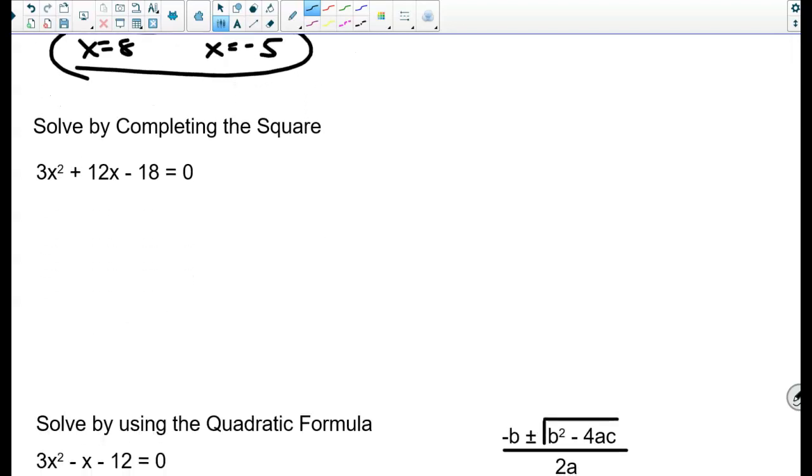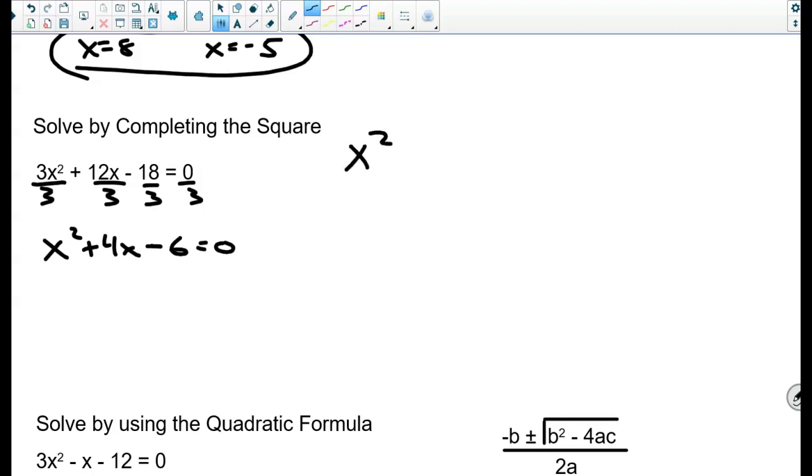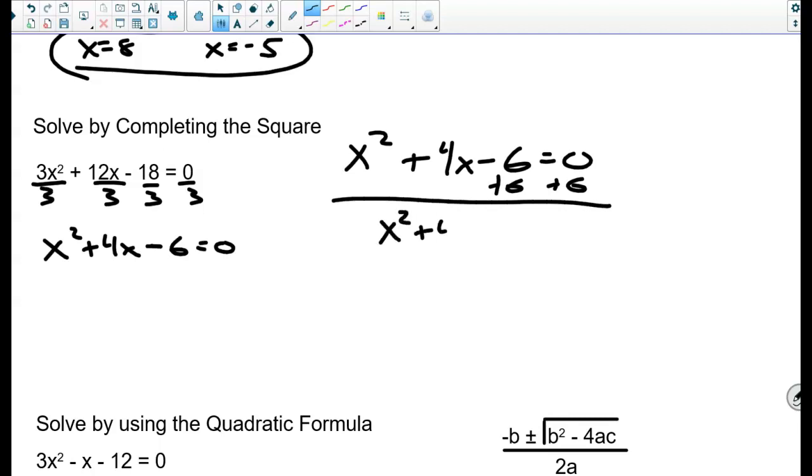For completing the square, I need to get a 1 in front of my x squared. So I divide everything by 3. x squared plus 4x minus 6 is my new problem. So, x squared plus 4x minus 6 equals 0. I need to move the constant over. x squared plus 4x equals 6. Then we take half of 4 and square it.